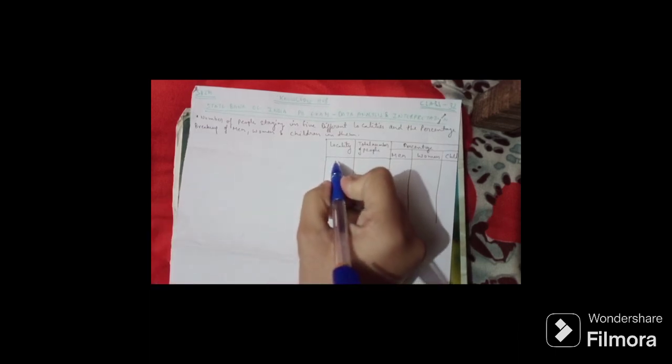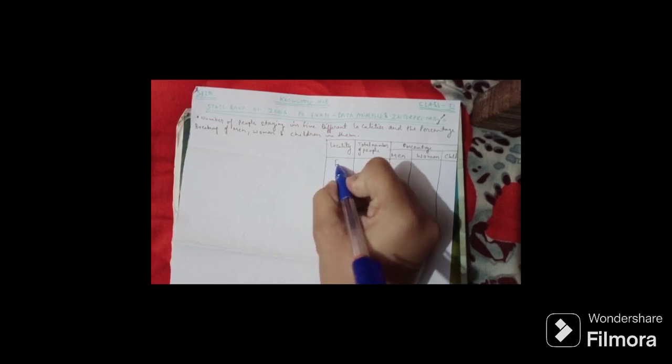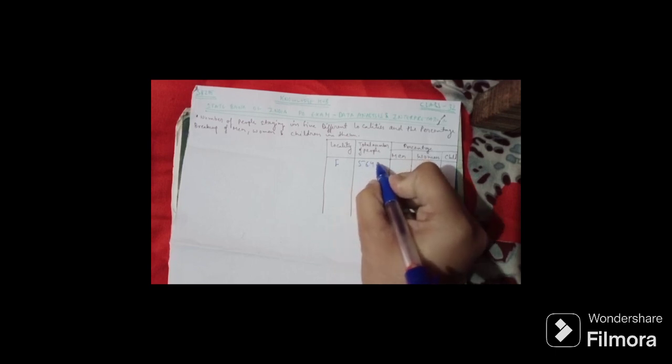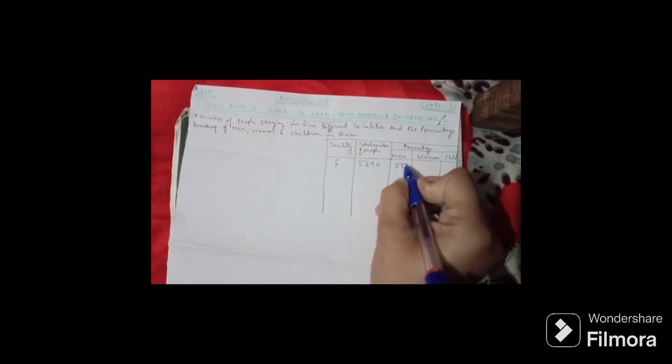So let's go for it, and we'll be having data here. For locality F, the total number of people is 5,640. Men is 55, women is 35, and children is 10.